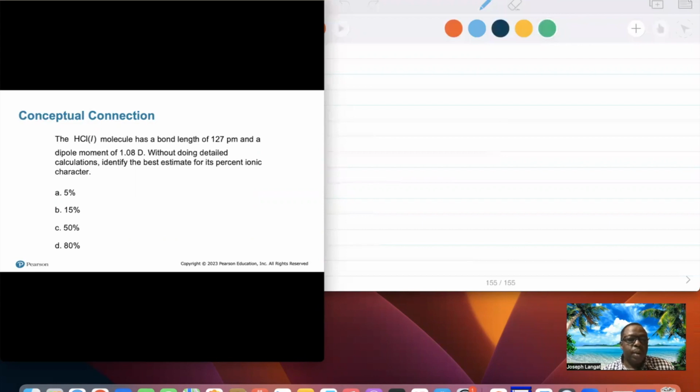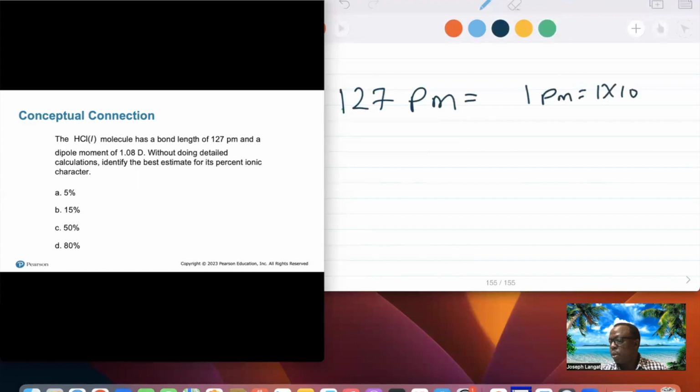How do you determine the percent ionic character in HCl? It's a liquid, with a bond length of 127 picometers. Remember, 1 picometer equals 1 times 10 raised to negative 12 meters.